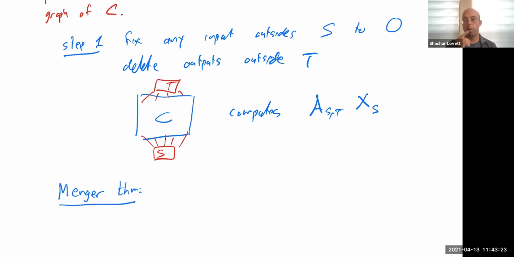Menger's theorem connects finding vertex disjoint paths in a graph to the vertex cut of the graph.